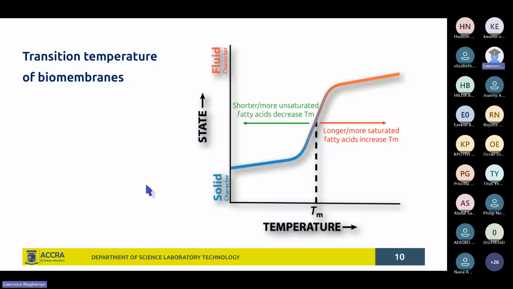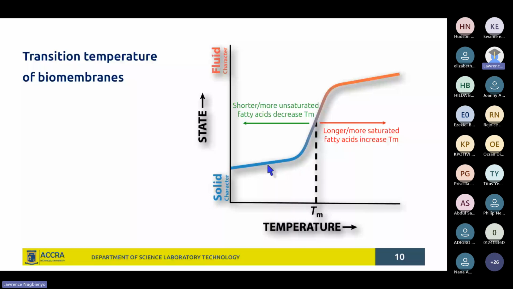So if you have a number of unsaturated fatty acids, and you take a look at how the membrane behaves at lower temperatures, the membrane will be going towards solidification, because of course at lower temperatures there will not be enough agitation.